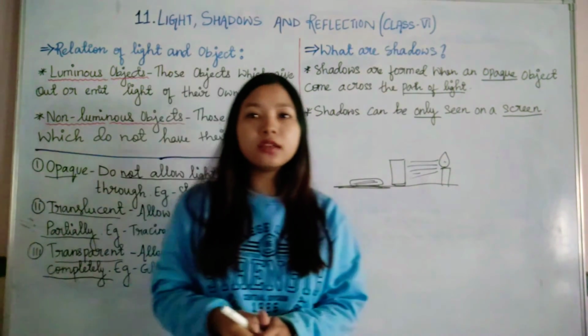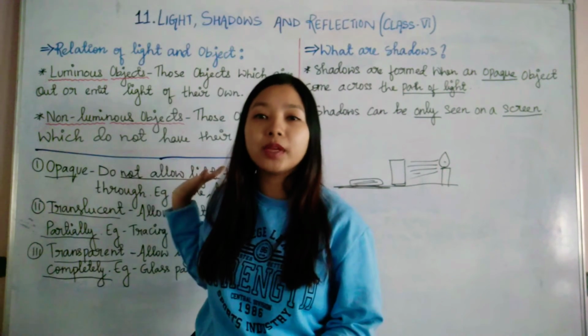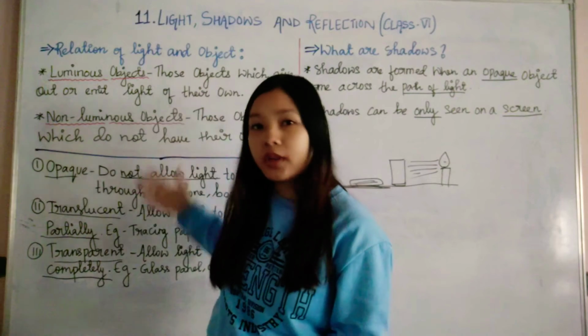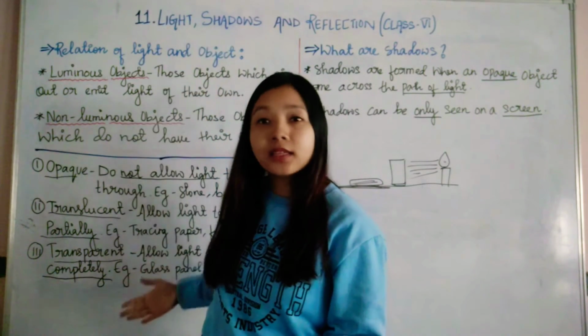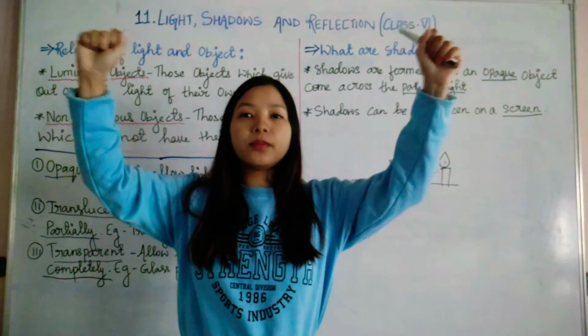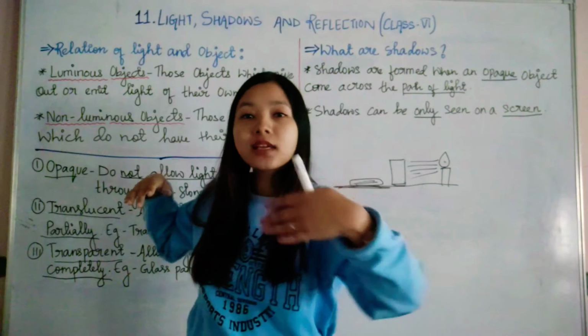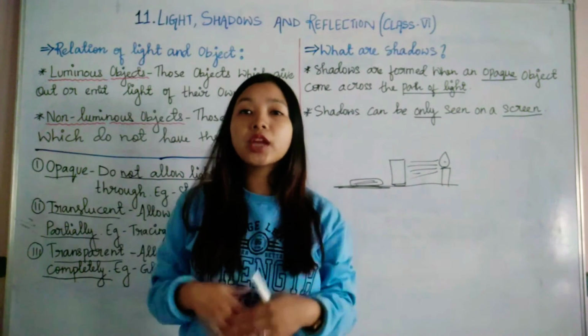Or if I'm standing here, light is coming from this way, you can see my shadow behind me. This board is acting as a screen, or the wall, or if I hold a cloth behind and one person is standing in front and light is coming on that cloth, the shadow will be formed.